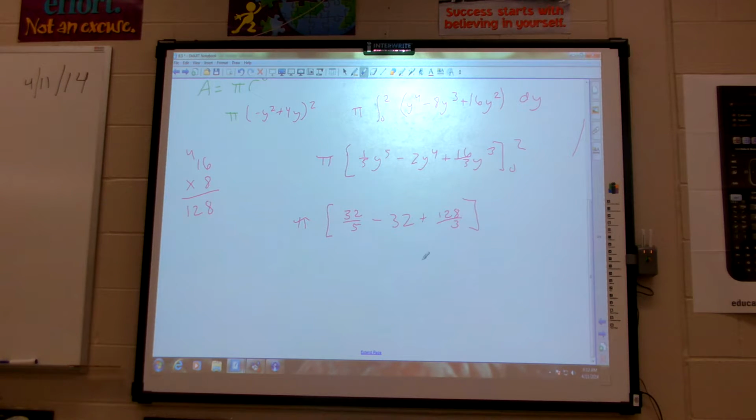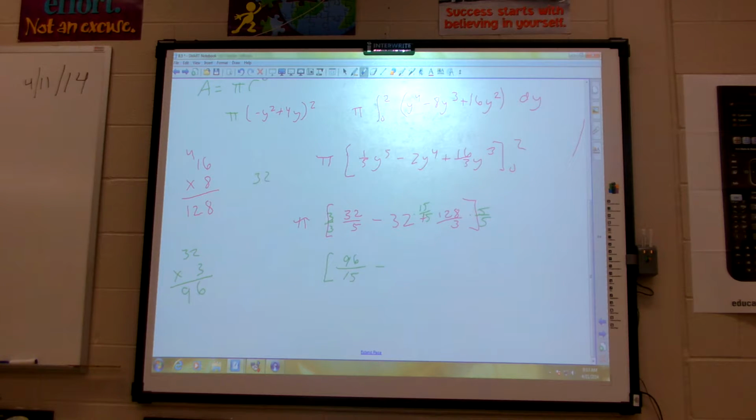Well, let's do some common denominator stuff. This one needs a 3 over 3. This one needs a 15. This one needs a 5. So 32 times 3 gives me 96 over 15.